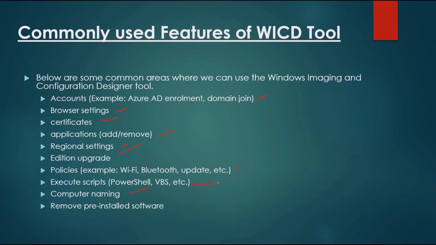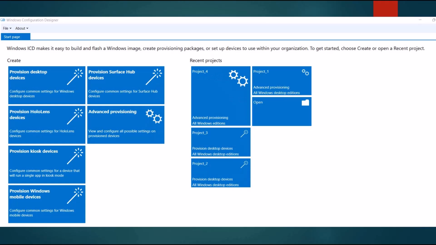This is why I said the list is endless, because we can run a PowerShell script or a VBS script using a provisioning package, right? And the script can do virtually anything. Therefore, indirectly, using a provisioning package we can do anything and everything in the device, and also remove pre-installed software. Again, this is not a complete list by any imagination. This is just some commonly used things.